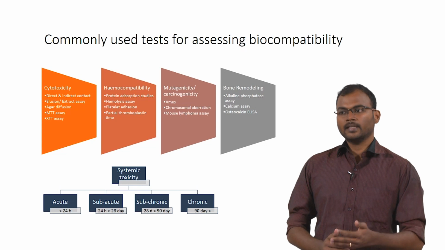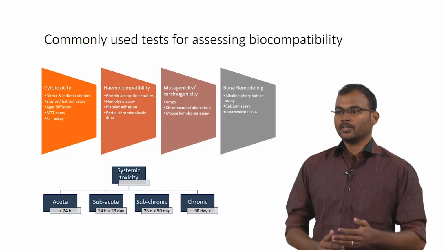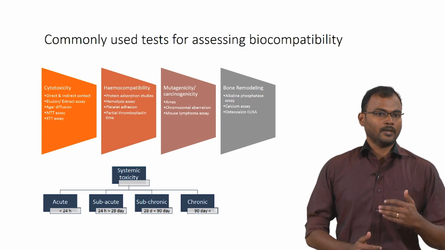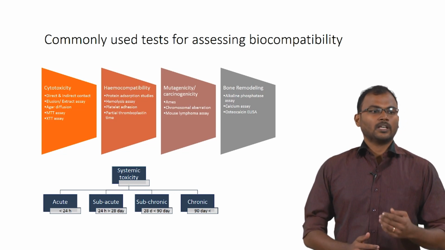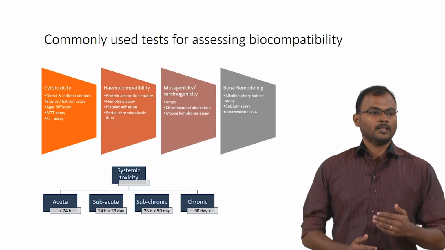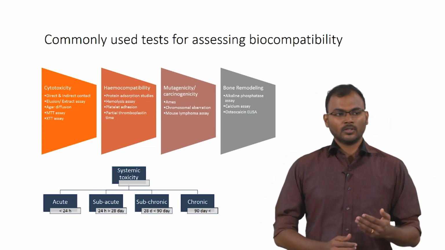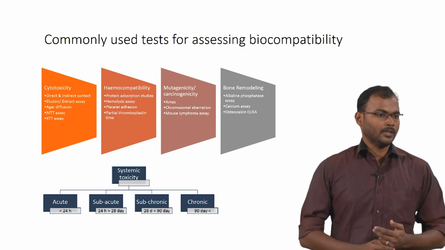If there is an increase in these factors, you can estimate them using these assays and find whether your material or bone scaffold has an effect on improving bone cell integration within your scaffold.